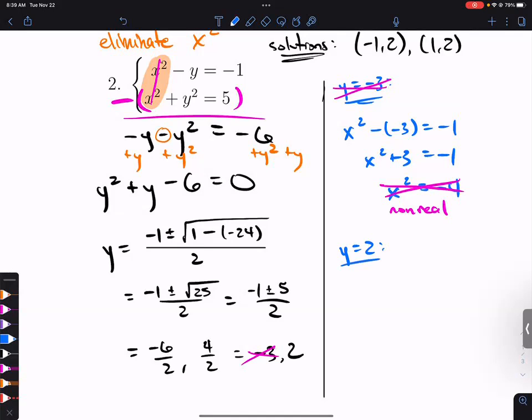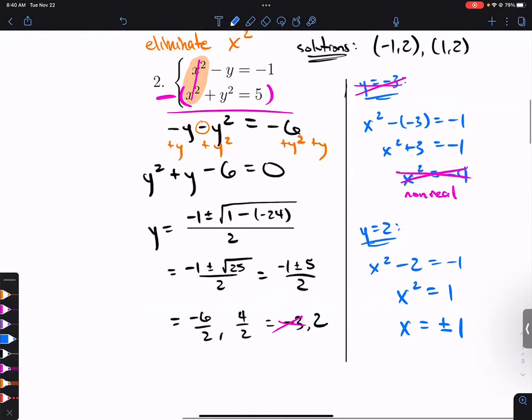On the other hand, if y is 2, then x squared is 1. And so x is plus or minus 1. Right, taking the square root of both sides.